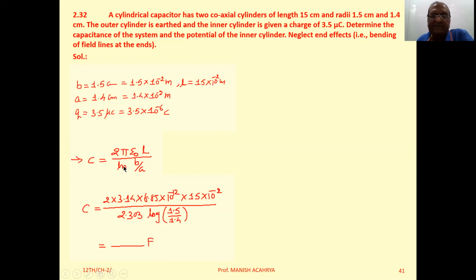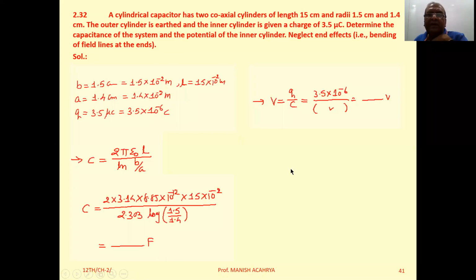Now ln is converted into simple log, so 2.303 log 1.5 upon 1.4. Now solve this, you will get the capacitance of this given cylindrical capacitor. Clear?